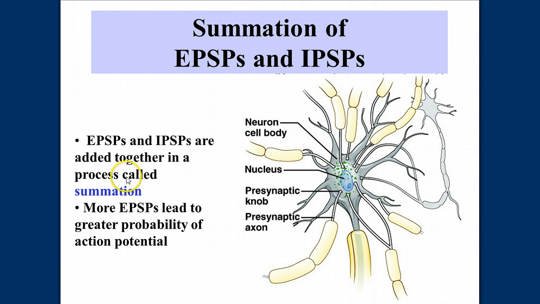There are both excitatories and inhibitories released at the same time. They're added together, and the process is called summation. So when summation happens, it leads to a greater potential for action potential if you have more excitatories released.